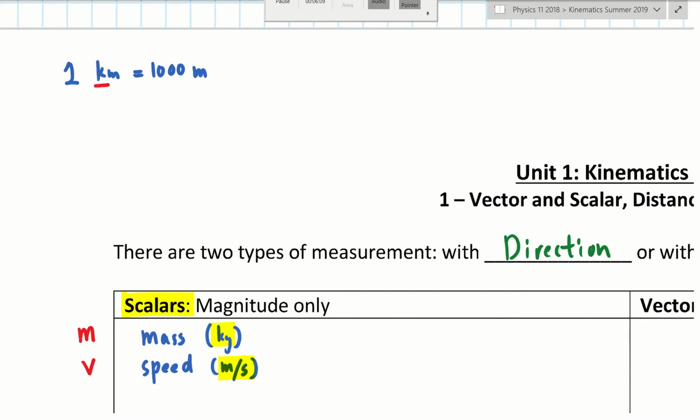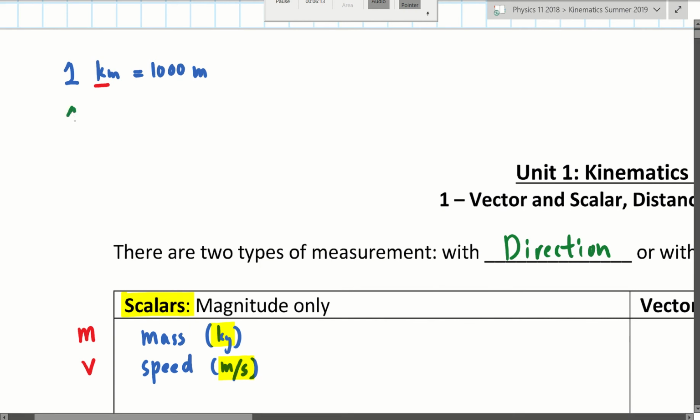And then for hours and seconds, 1 hour has 60 minutes, right? So if you multiply by 60, you get minutes. And then 1 minute has 60 seconds. So you multiply that by 60 again, you get seconds. So 1 hour is 3,600 seconds at the end.